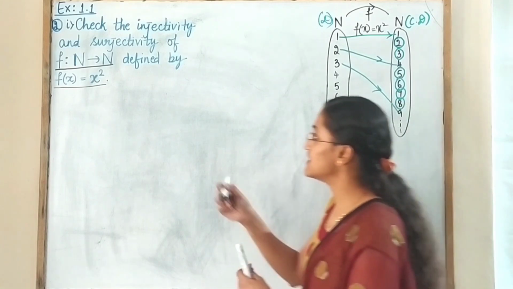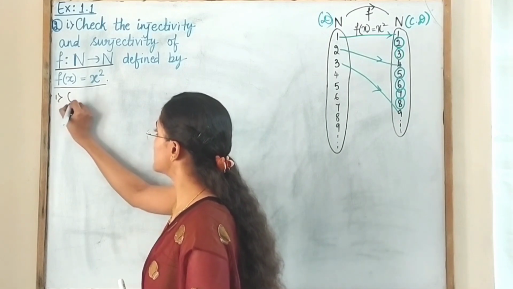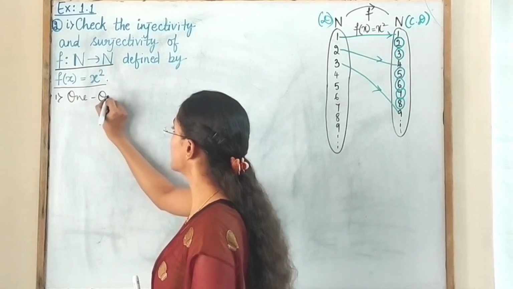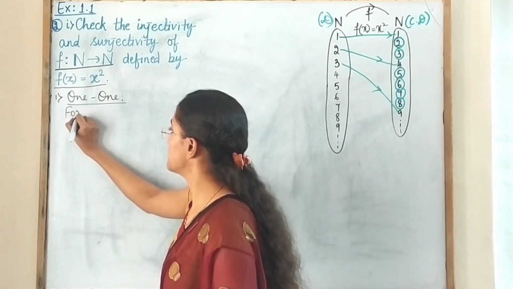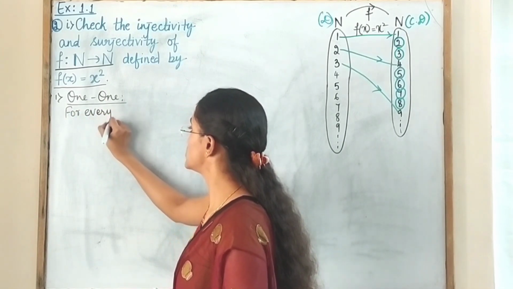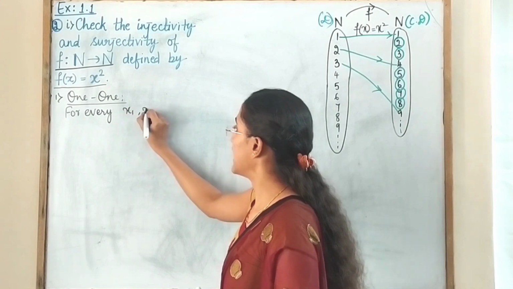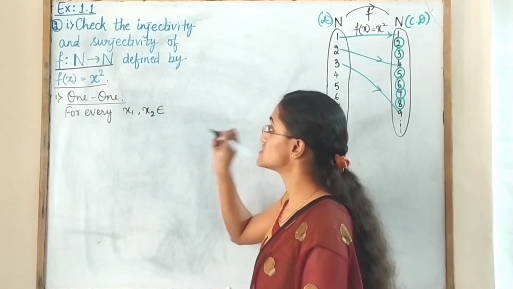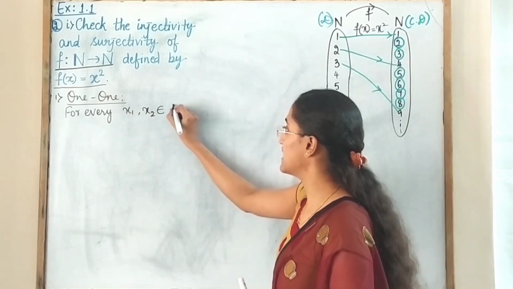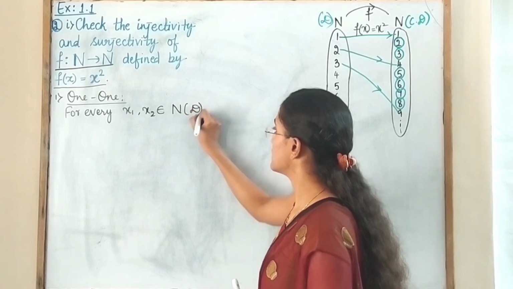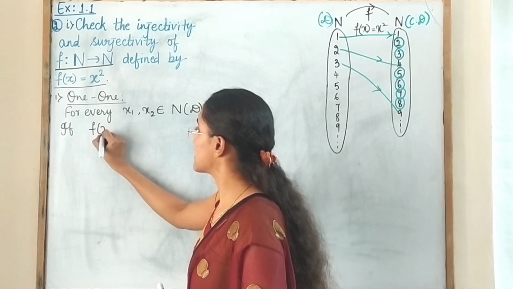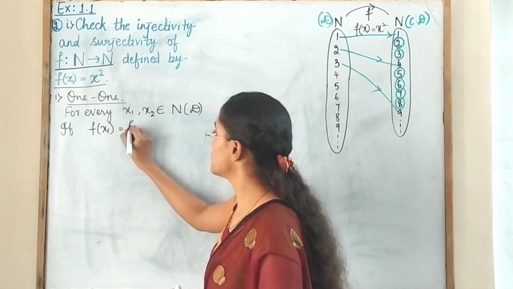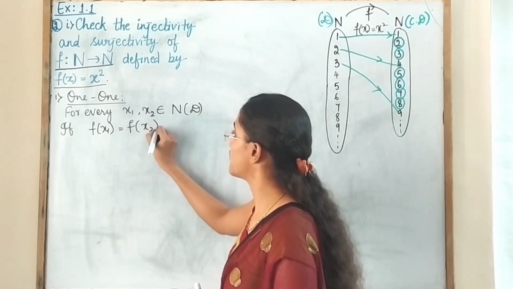Writing this generally, starting with the first one, that is for the 1-1 function. Now, for every two elements x1, x2, which belong to the domain N, if f of x1 is equal to f of x2, what is f of x1?